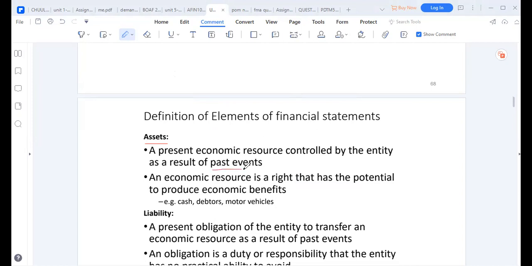An asset is simply what we own. This resource gives us potential rights of economic benefits like cash, debtors, motor vehicles. These are assets. Assets can also be stock, prepayments. These are assets. So we have two types of assets.